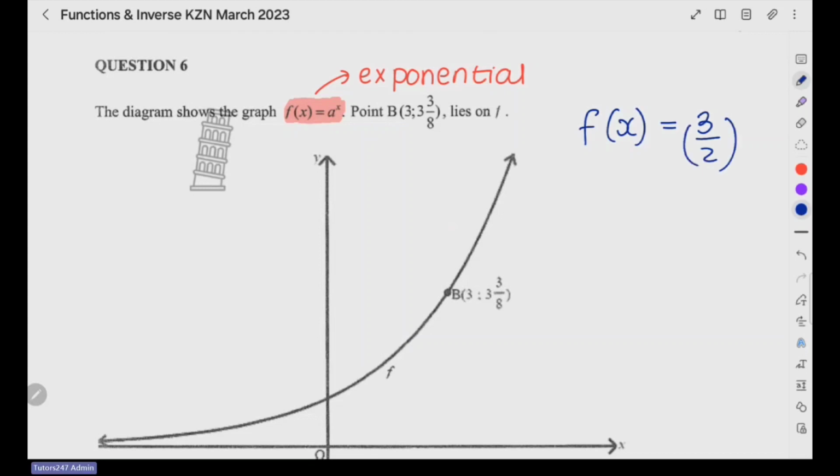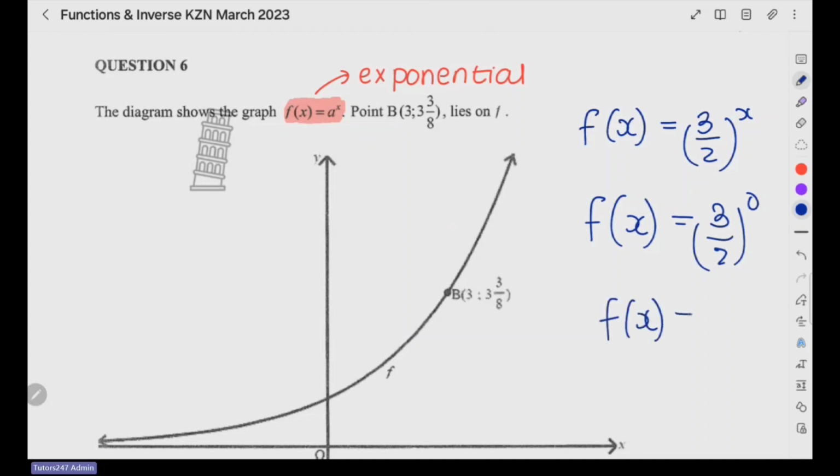If we are looking for the y-intercept, which is this point over here, where the function cuts the y-axis, we know x must be 0. So f of x is equal to 3 over 2 raised to the power of 0, and that gives us a value of 1. Therefore, the x-intercept will be 1 and 0, because the y-intercept is 0 and 1, so you just swap it, and you get 1 and 0.